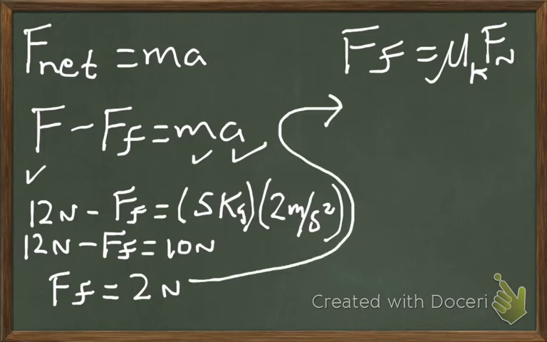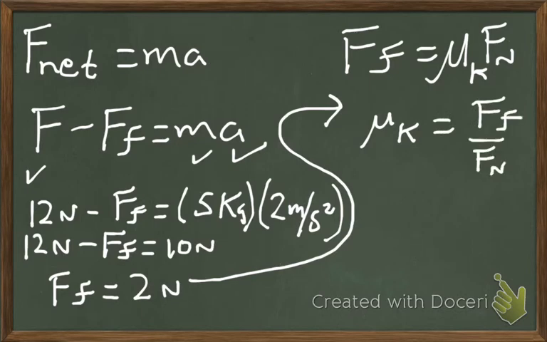Alright, so our next step is to find out what the coefficient of friction is by using the friction we just calculated. So 2 newtons, we're going to plug it into this equation here. So the coefficient of friction is going to be the frictional force divided by the normal, and we plug in our 2.